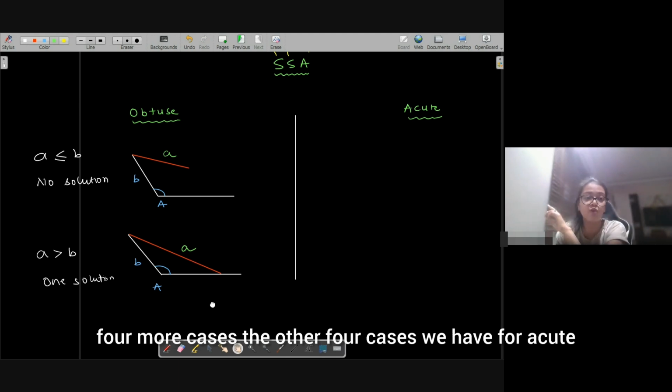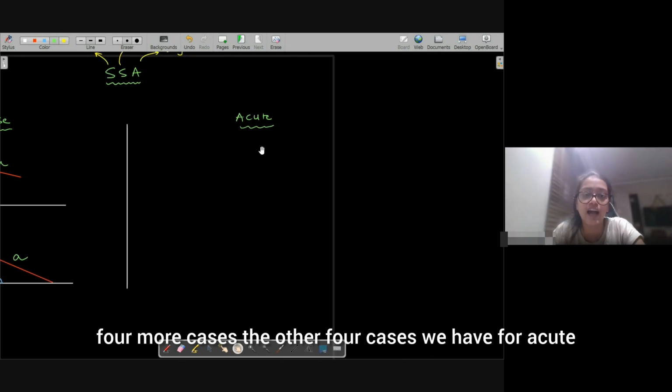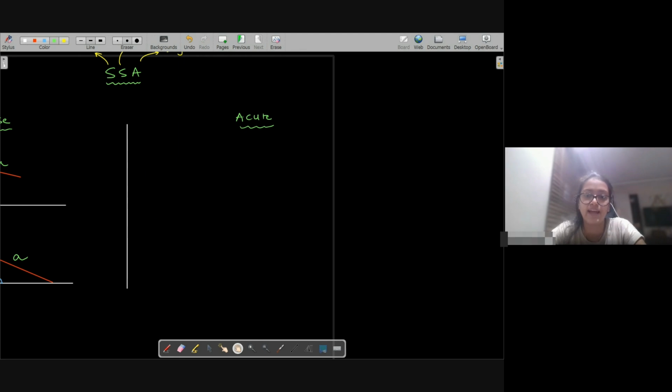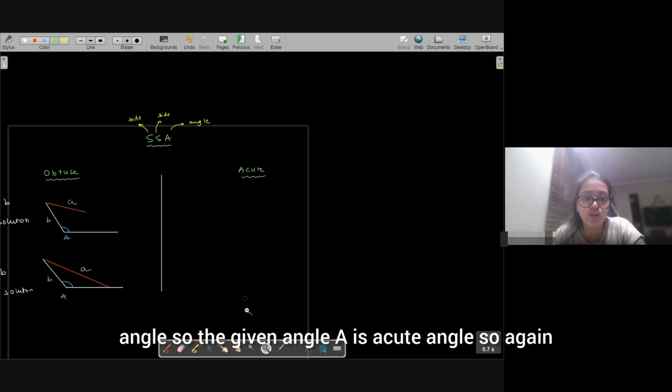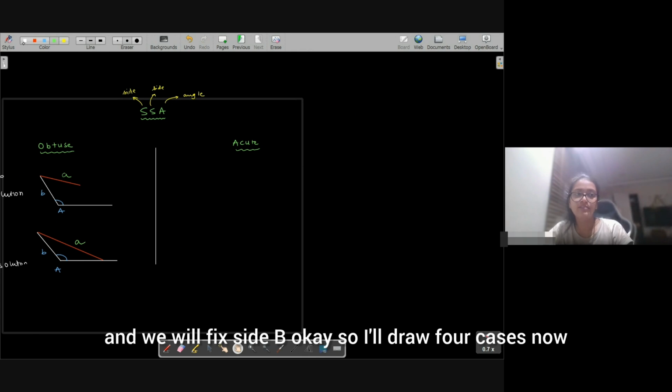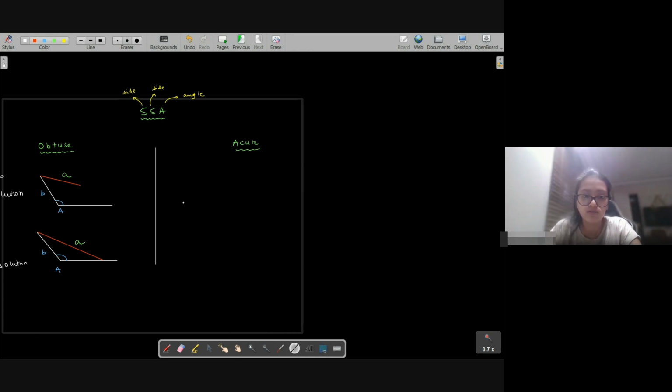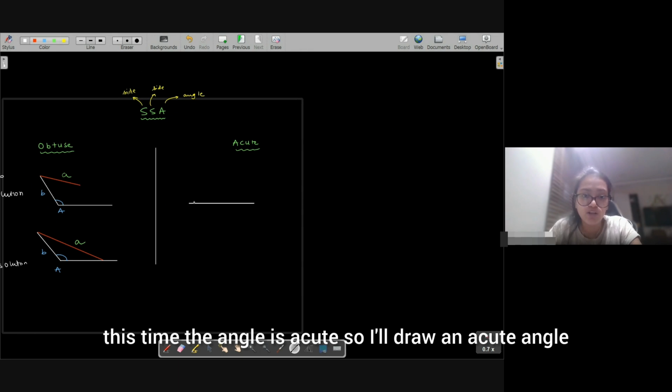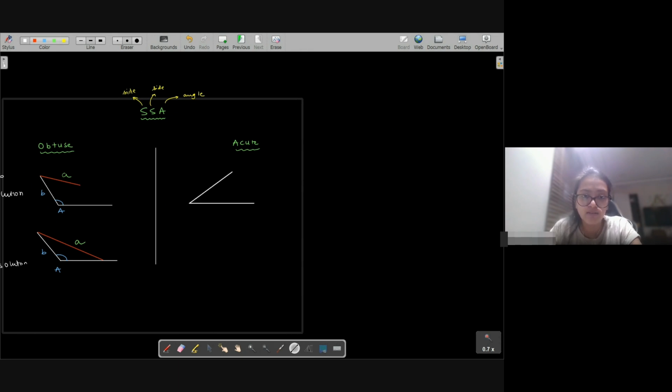Now we have four more cases. The other four cases we have for acute angle. So the given angle A is acute angle. So again, what we will do, we will fix the angle and we will fix side B. Okay, so I'll draw four cases now. This time the angle is acute, so I'll draw an acute angle.